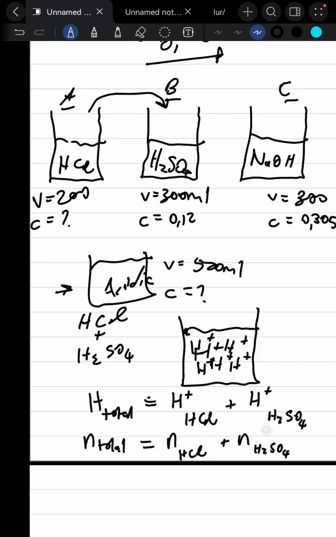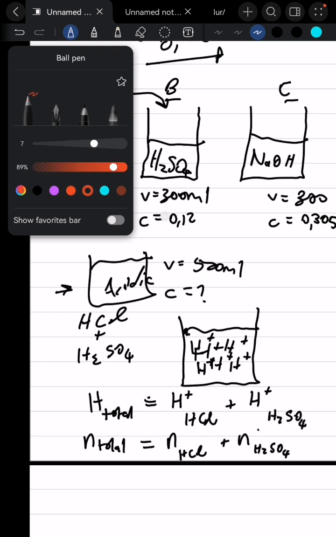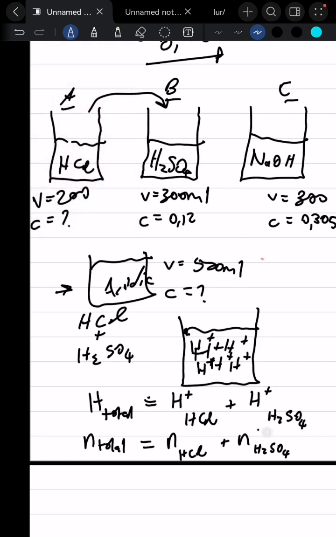Now, for H2SO4 we have the full information. We know we had a volume of 300 and a concentration of 0.12. So we can calculate using this information.